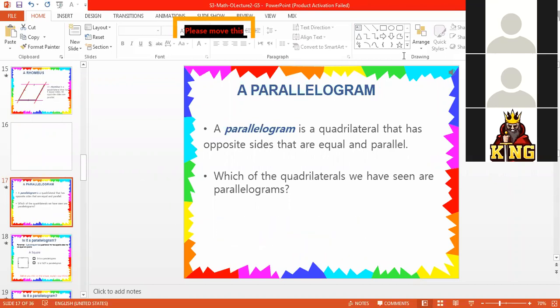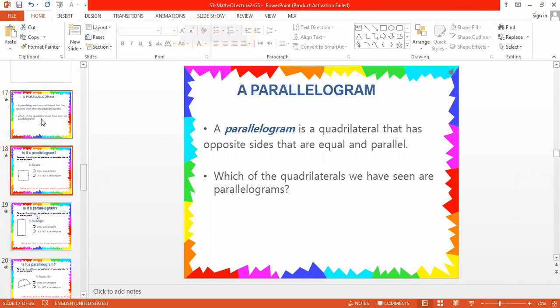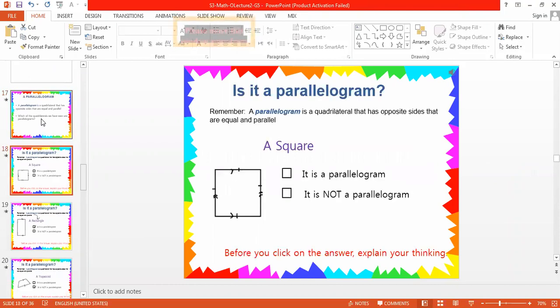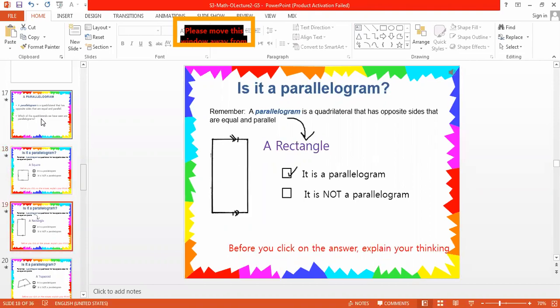Let us continue. A parallelogram is a quadrilateral that has opposite sides equal and parallel. So is a square a parallelogram? Yes, of course. But a parallelogram is not a square. Very good. Is a rectangle a parallelogram?